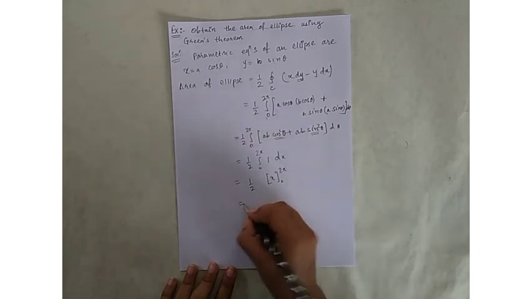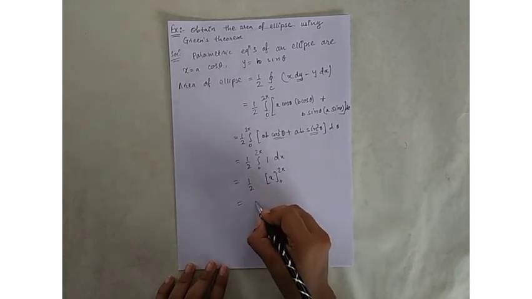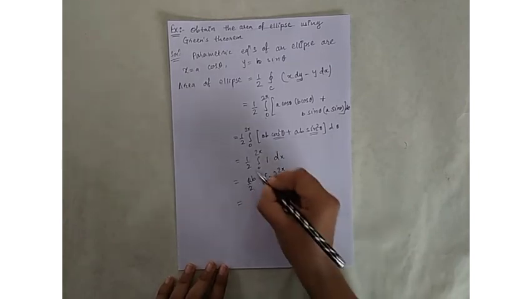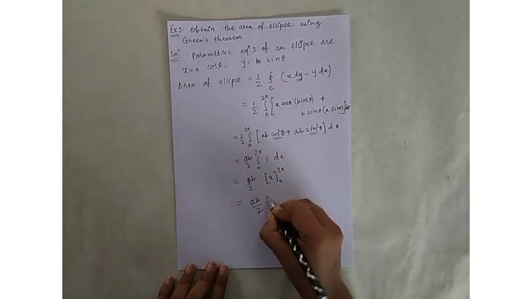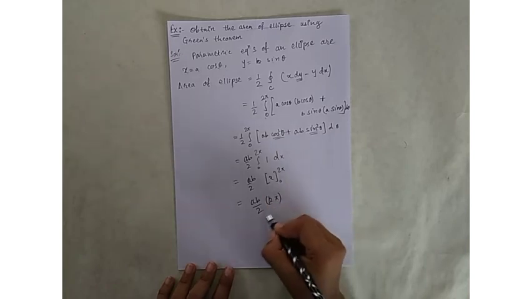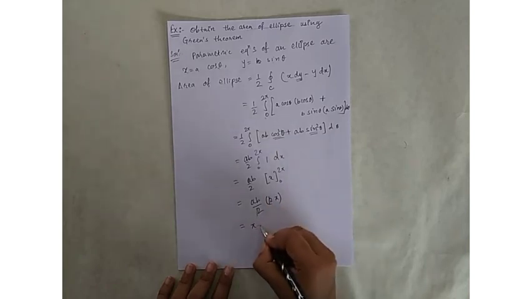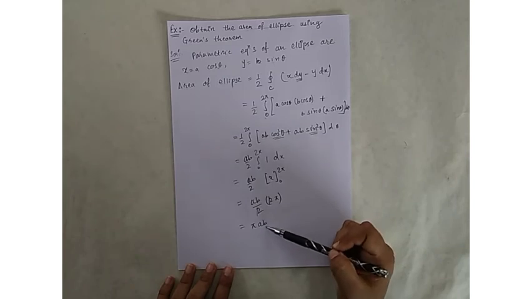Put the value theta equal to 2 pi, so ab by 2 into 2 pi, and when you put 0, the term becomes 0. The 2 cancels, and this term will become pi ab. So the area of ellipse is pi ab.